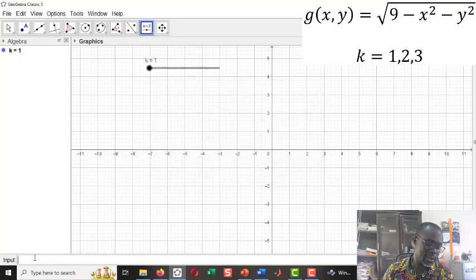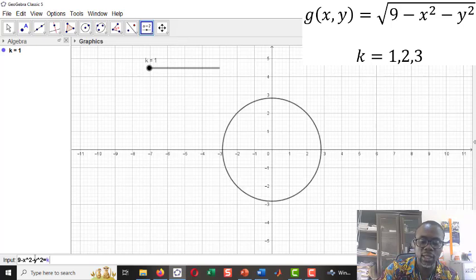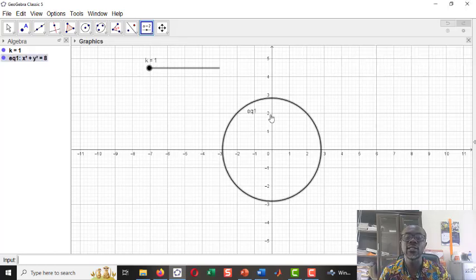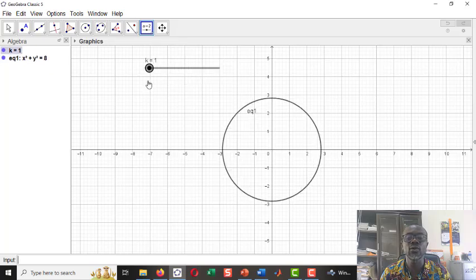So we see that this is 9 minus x raised to the power 2 minus y raised to the power 2 equal to k raised to the power 2. And you can see that this gives us a circle of radius 8. As you move on, the circle gets smaller into a dot.